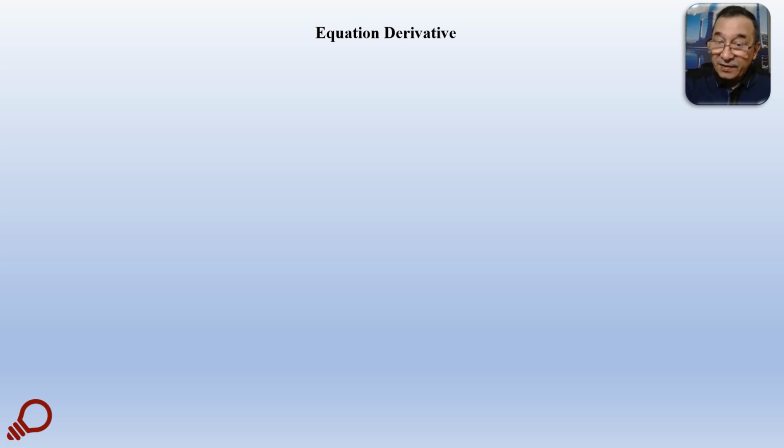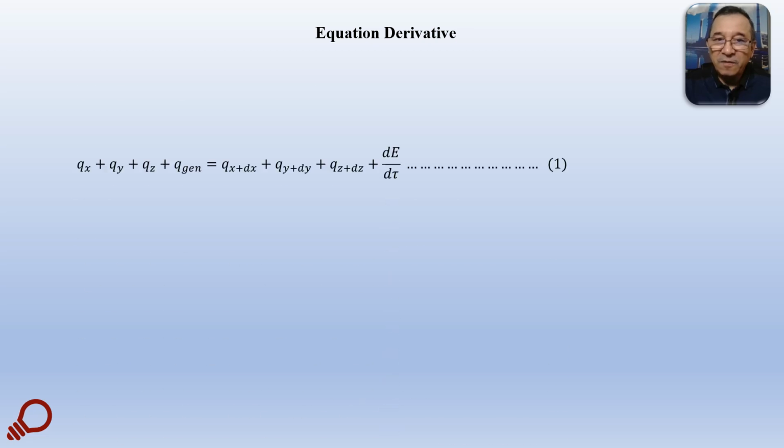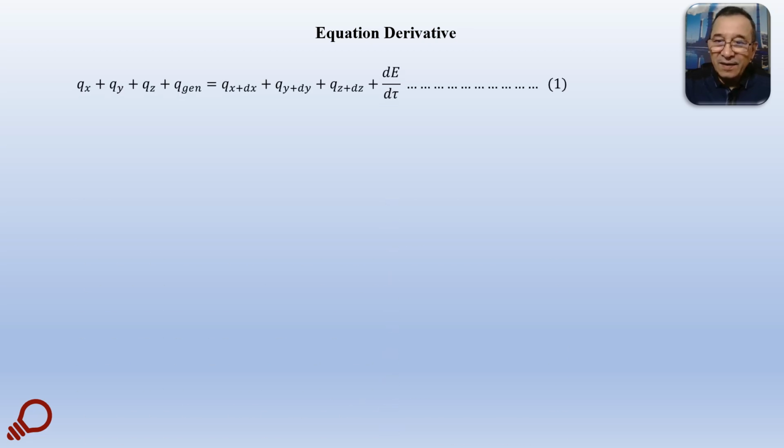The derivation of the energy equation in three dimensions by conduction is represented by the general form of the energy balance.